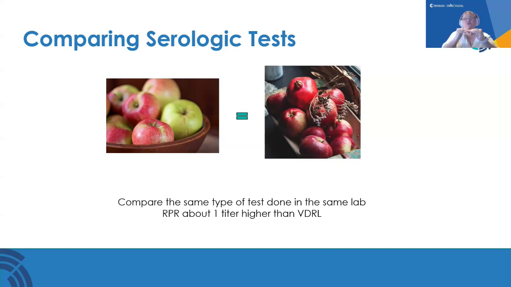RPR is usually about one titer higher than the VDRL, so it's best to go ahead and titer out in your own facility, even if you have an RPR from, say, the blood bank or somebody. You want to do your own titer in your own facility so that you can compare your facilities whenever you need to repeat that to make sure that your treatment worked.